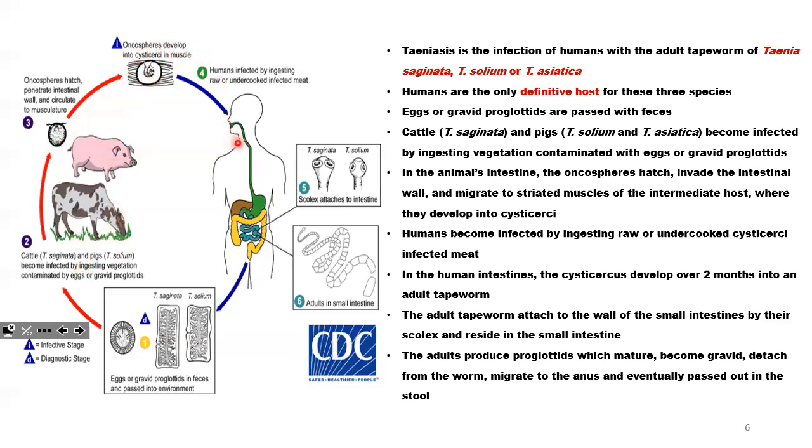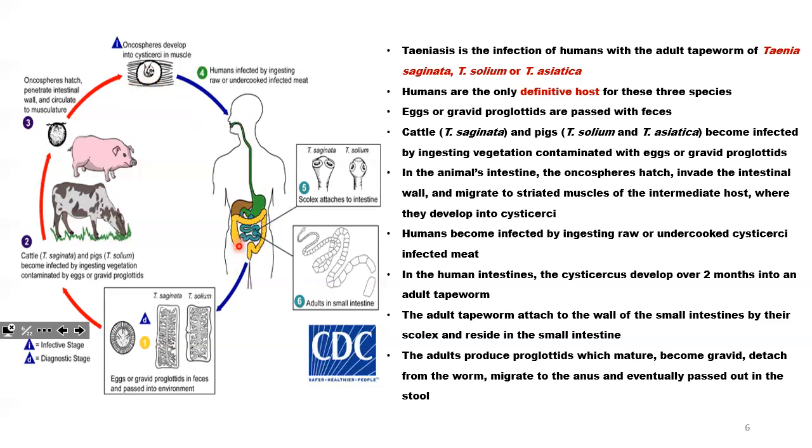So how do humans get infected? When we eat the infected meat raw, there are some dishes in which you eat the meat raw, or we didn't cook it enough, okay? Then we will be consuming the viable larval stage of the tapeworm. Inside humans, this larval form will develop into the adult worm, okay?